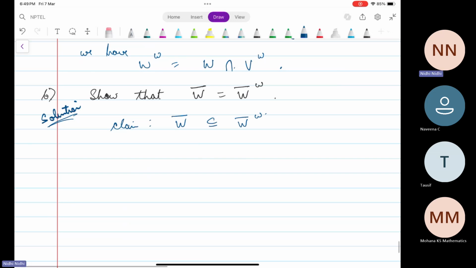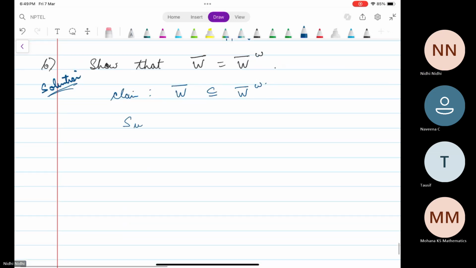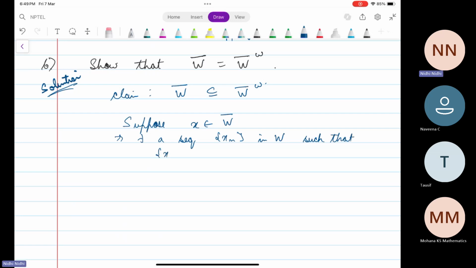Now suppose x belongs to the strong closure of W. That means there exists a sequence x_n in W such that x_n converges strongly to x.